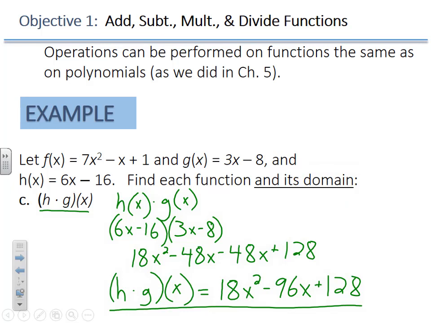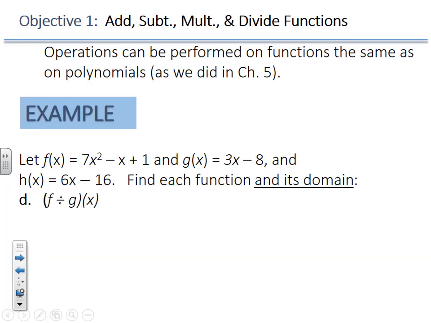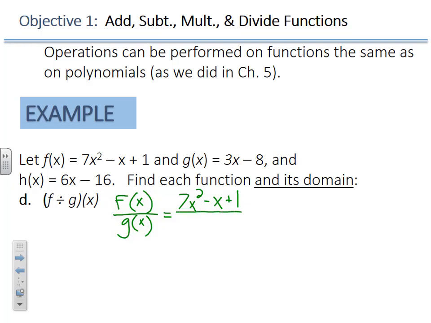And of course, if we can add, subtract, and multiply functions, we can also divide functions. What will f divided by g of x look like? Well, sure enough, that just means we're going to take f of x and divide it by g of x. So that's 7x squared minus x plus 1 over 3x minus 8.